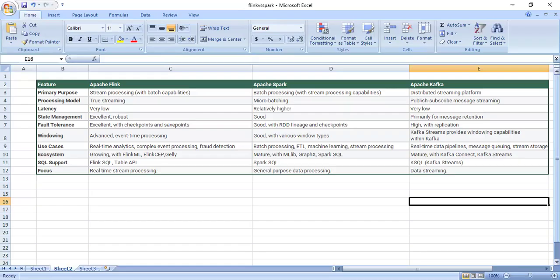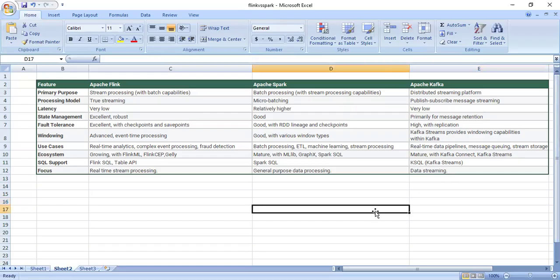With this background, let us now try to get the difference between Apache Flink, Spark, and Kafka. Apache Flink and Kafka are closely integrated.